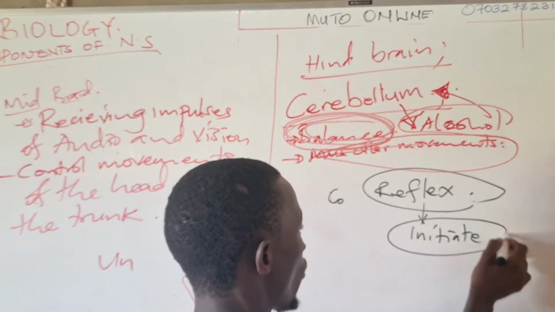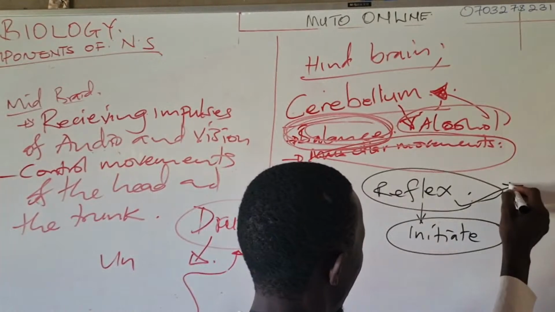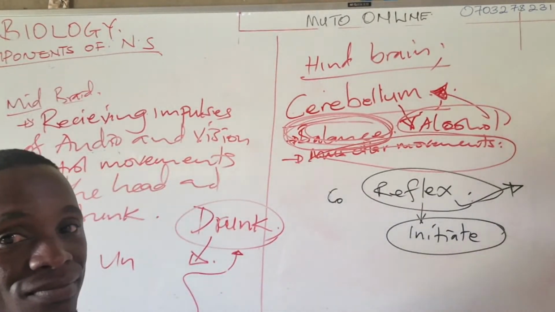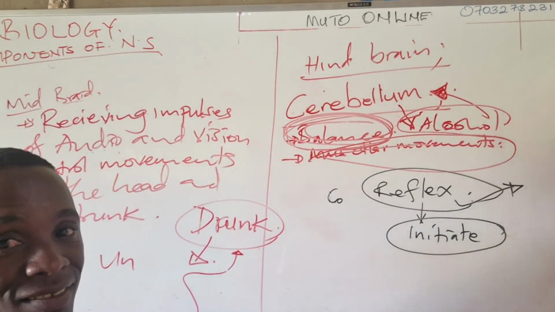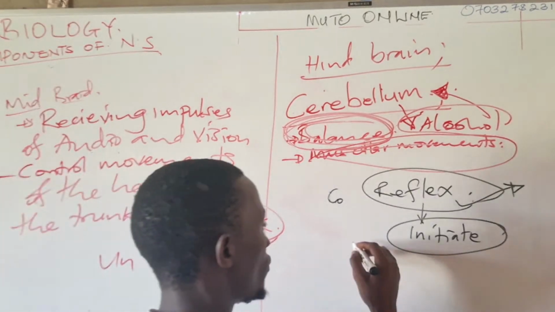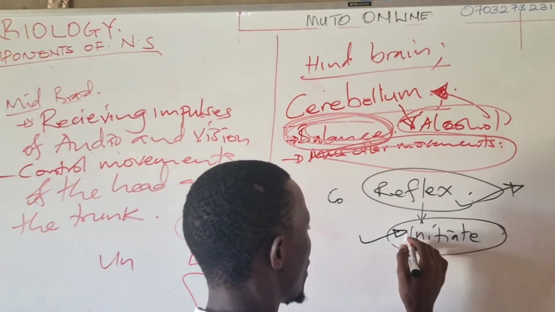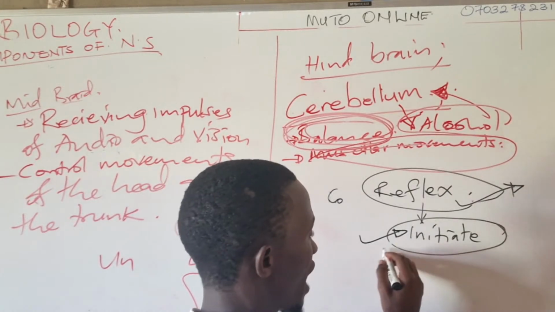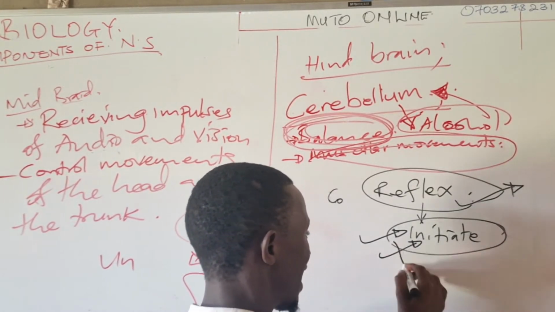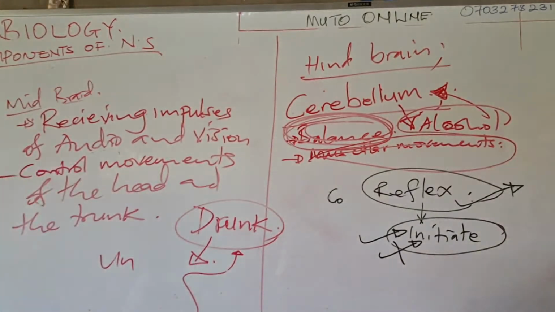We are going to look at what reflex actions are shortly. We are going to see which reflex action can be initiated by the brain and which ones cannot be initiated by the brain, briefly after this.